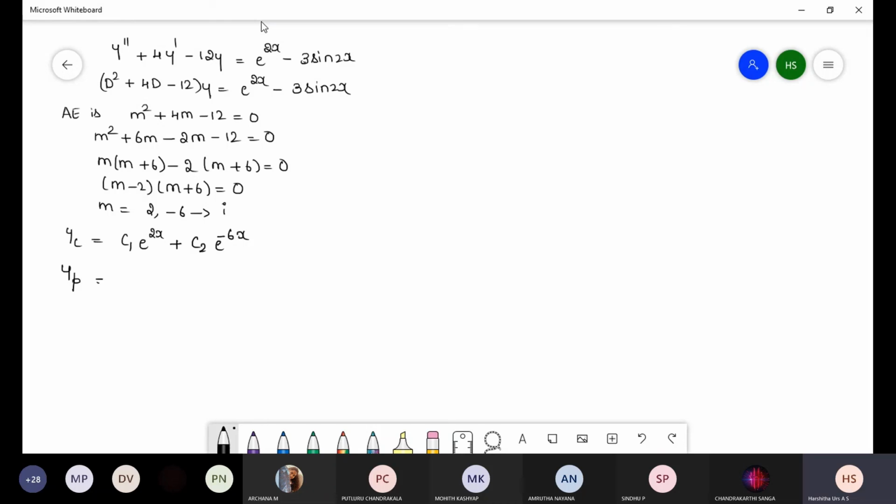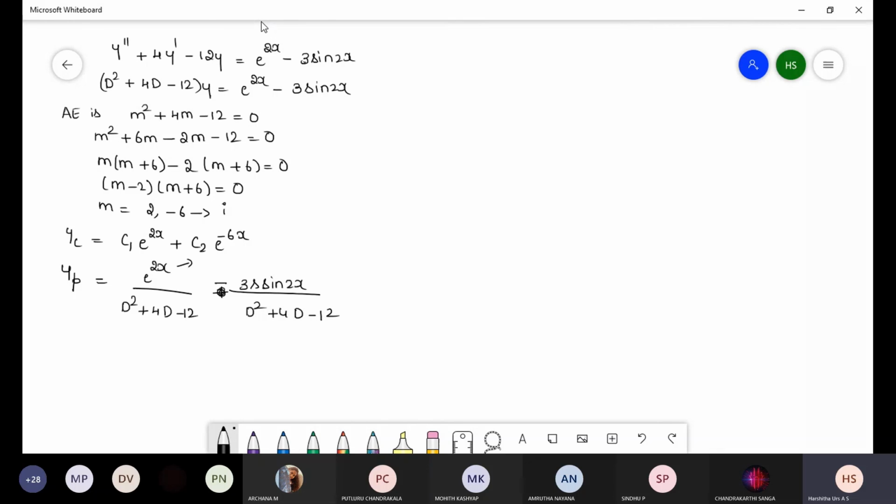Now yp: e power 2x, I split here only, divided by d square plus 4d minus 12, minus 3 sine 2x divided by d square plus 4d minus 12.